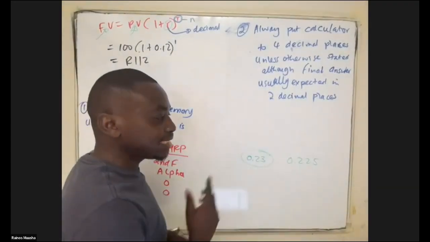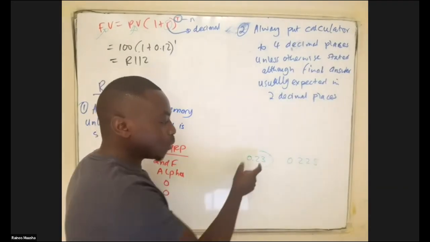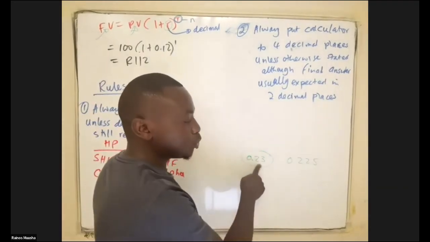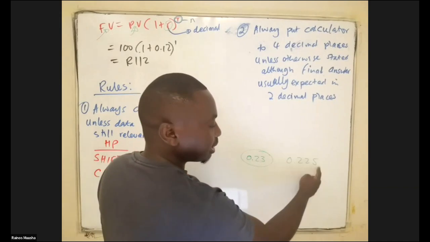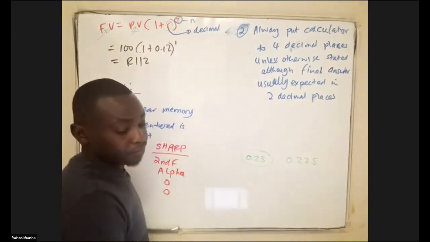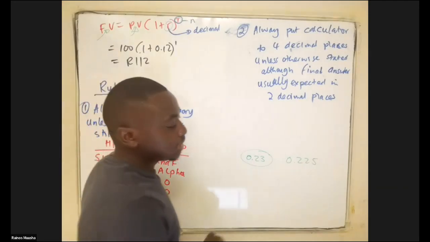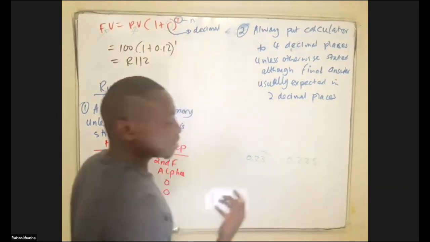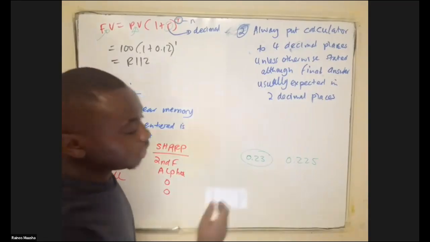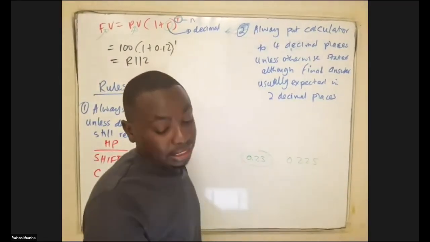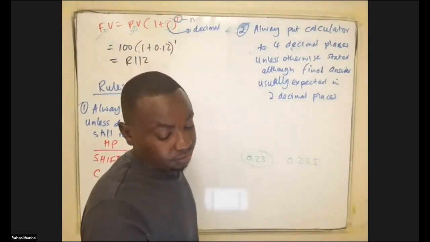If the calculator rounds to 0.23 and you use 0.23, you're going to end up missing out on some figures. So when you're dealing with your in-between calculations, try to put your calculator to at least 4 decimal places so that you're able to get a more exact answer.